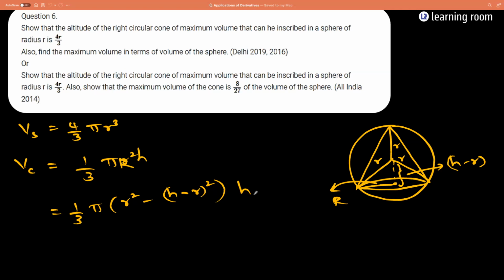Right. So how much will I get? 1 by 3 pi into 2rh minus h square into h.